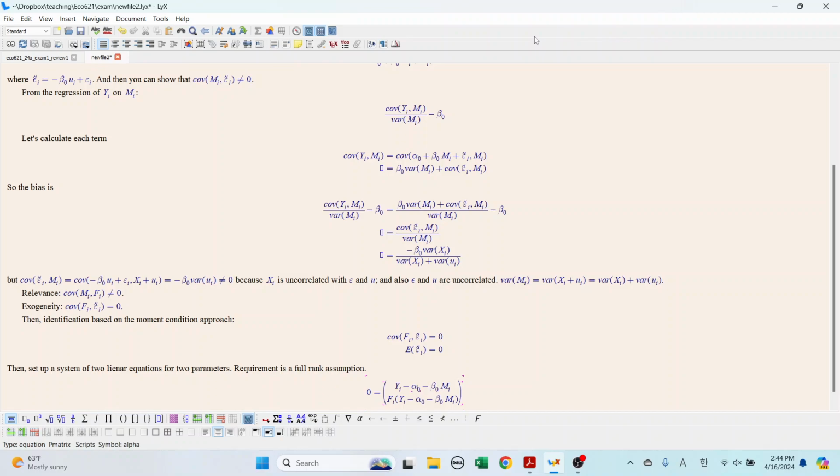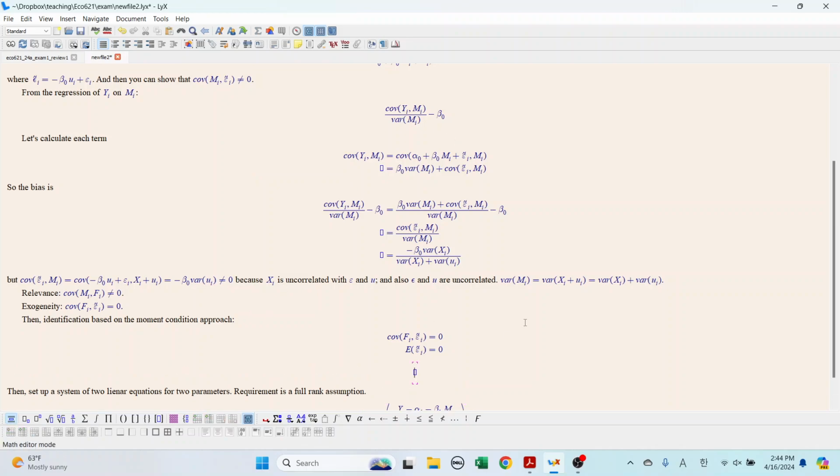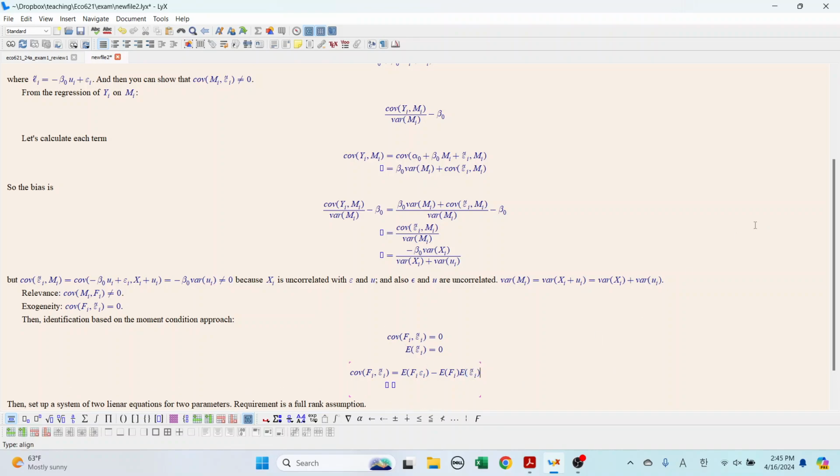Its expectations are 0. By the way, I have to mention this: the covariance of f and epsilon tilde equals the expectation of f times epsilon tilde minus the expectation of f times the expectation of epsilon tilde, but by the second assumption, this is 0.